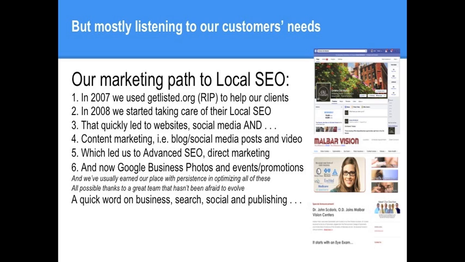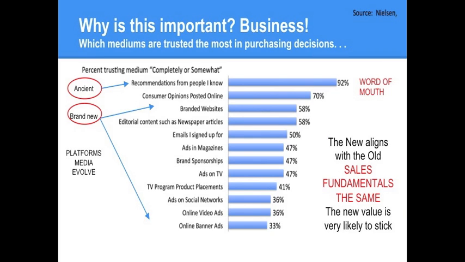So just a quick word on business search, social, and publishing. Why is online important? Business, of course. I'm on the slide now from Nielsen, and it talks about which mediums are trusted the most in purchasing decisions. At the top of the list is a thing called recommendations from people I know, a.k.a. word of mouth.